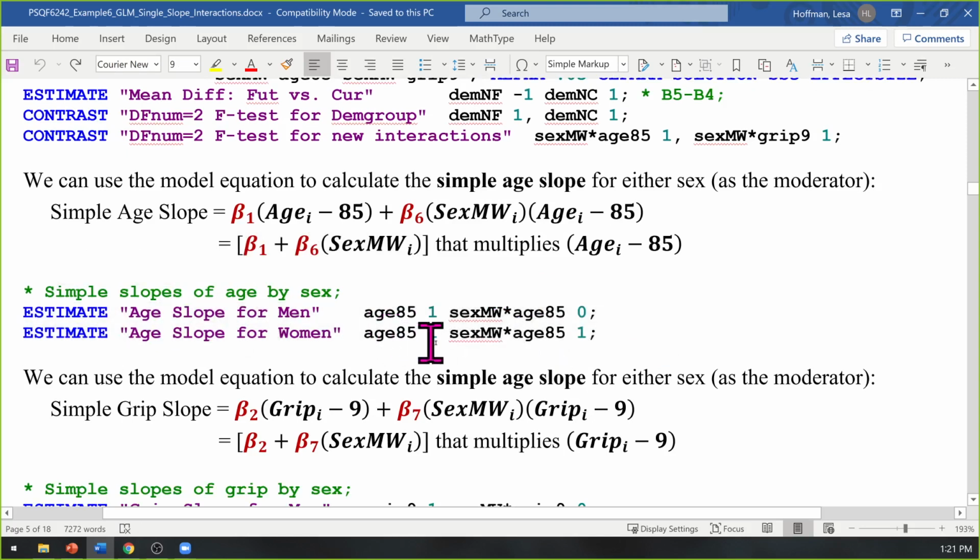So if I want to know what the age slope is for men, age 1 refers to this beta 1. So at a minimum, I need 1 beta 1. And then the interaction term, why is this 0 right here?